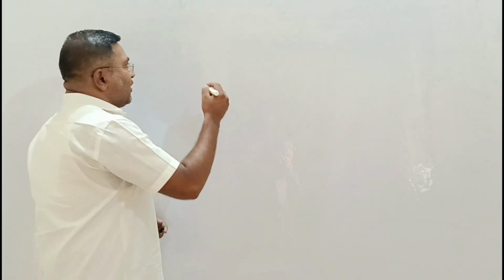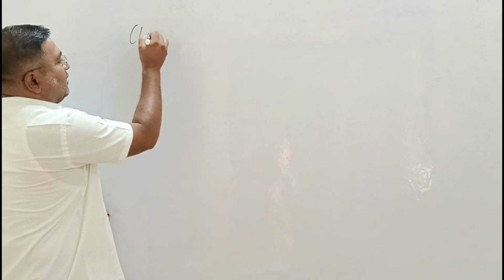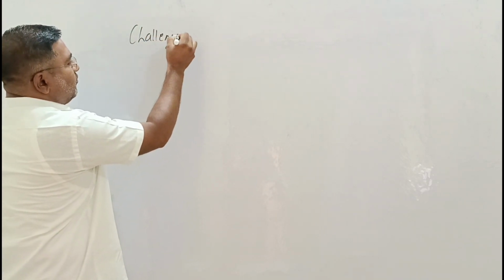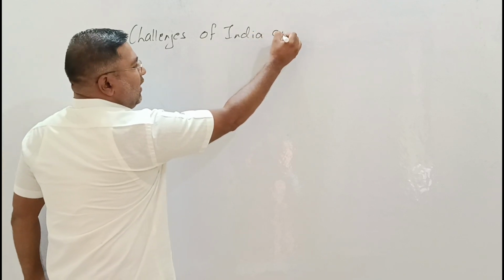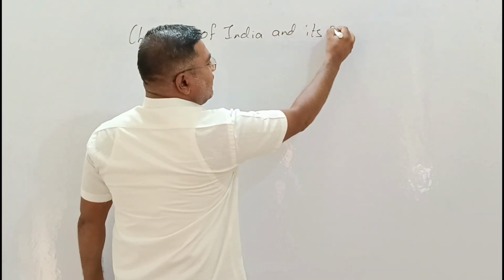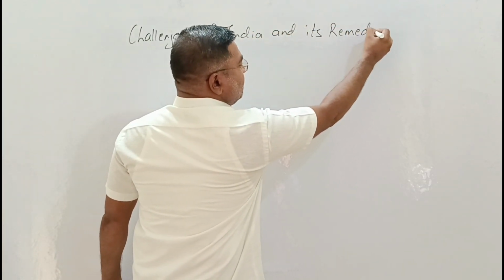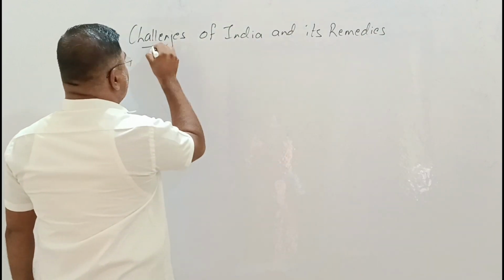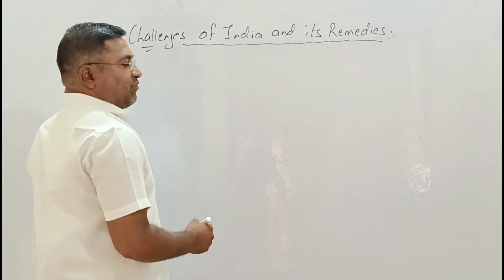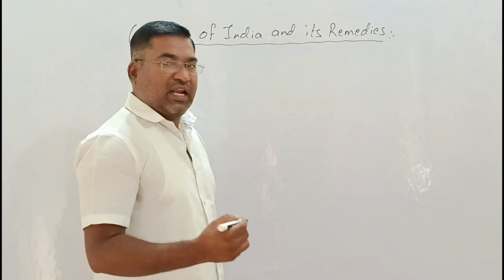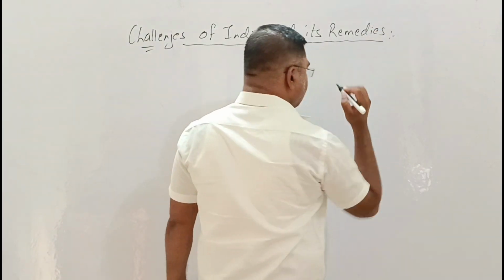So the name of the topic is Challenges of India and its Remedies. This is the name of the chapter from the political science class 10 standard.